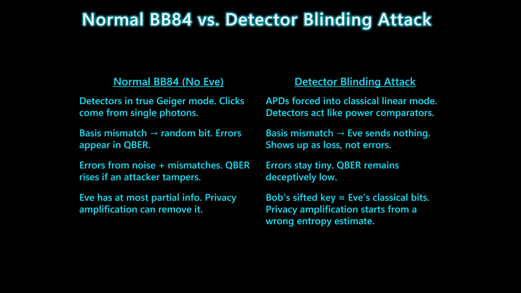Because of this, errors stay tiny and QBER remains deceptively low even though Eve is in the middle of the channel. Bob's sifted key ends up closely matching Eve's classical bits. Privacy amplification can't fix that because it starts from a completely wrong entropy estimate. This is the core vulnerability. The protocol still looks healthy on paper, but the detectors are no longer operating in the quantum regime.